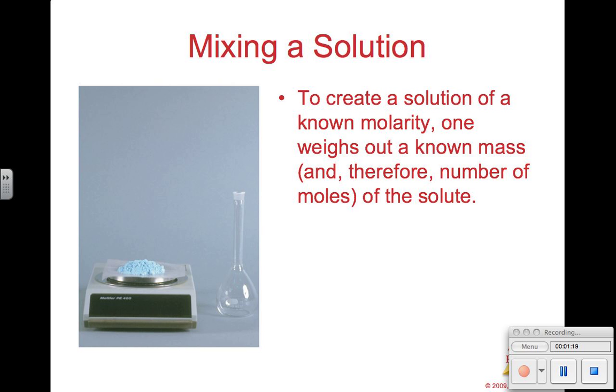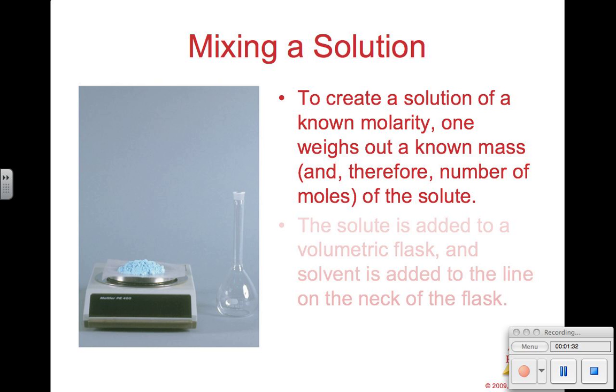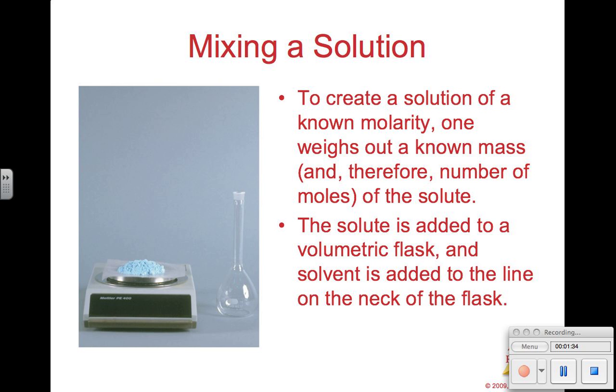Now, when we go to make a solution, typically we weigh out a known amount of solute, so that we can get a certain number of moles of that compound when we dissolve it. Then we put that solute into a volumetric flask. I have 100 milliliter, 250, as well as 1,000 milliliter volumetric flasks.